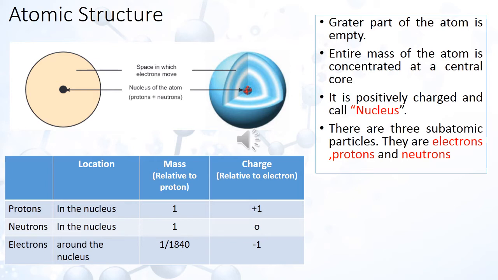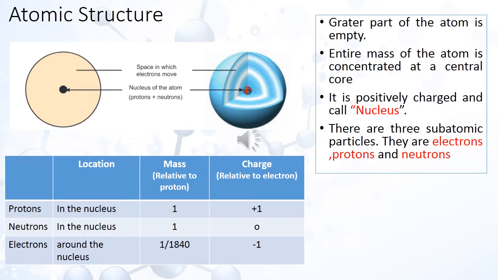They are rotating in this empty space, just like the planets are moving around the sun. In the same way, the electrons are situated around this nucleus. We will see more about these subatomic particles.